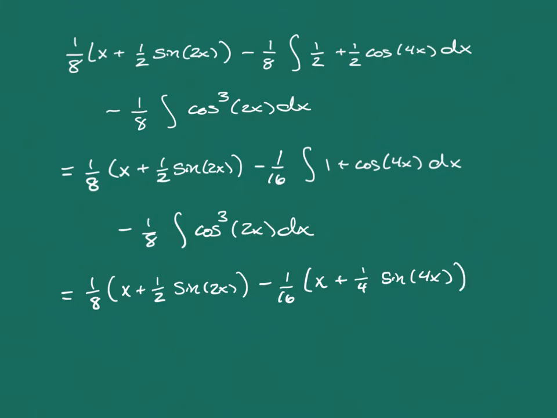And then we've got our last integral, our minus 1/8 integral of the cosine cubed of 2x dx.